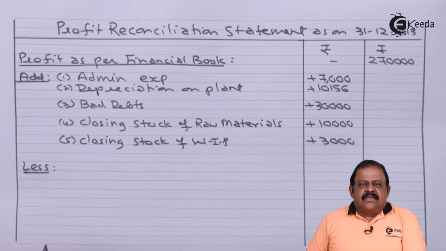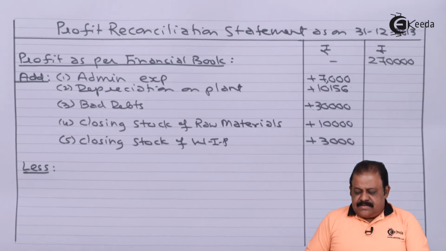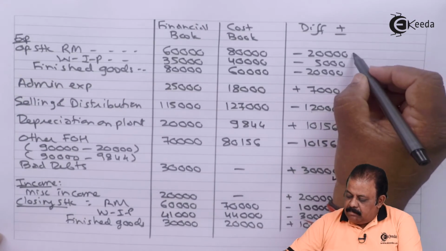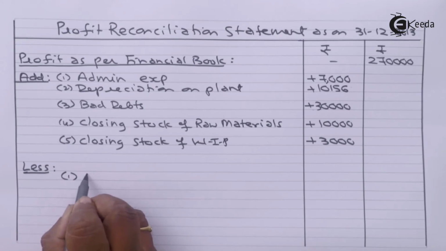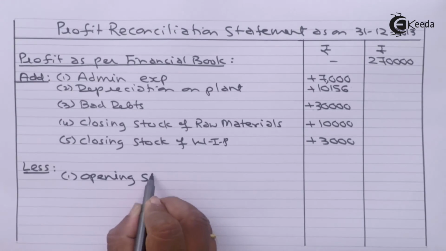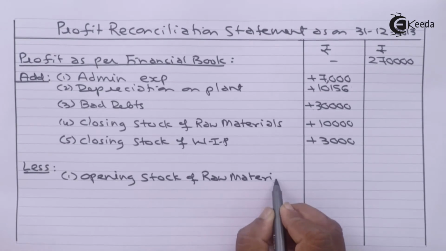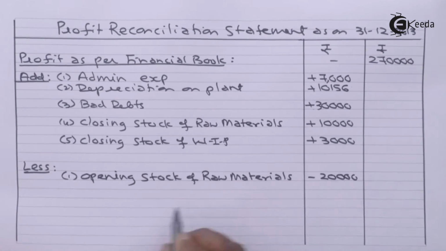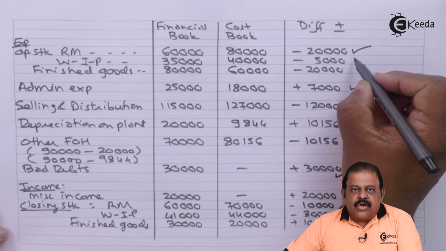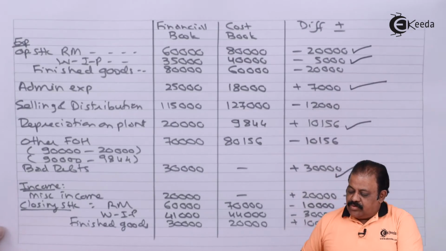Now we'll be subtracting the items having negative signs. Opening stock of raw material minus 20,000. Opening stock of work in progress minus 5,000.